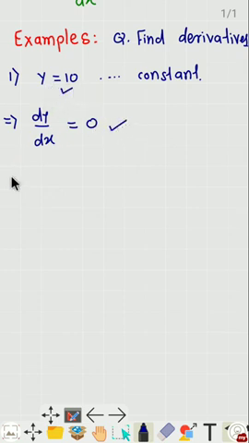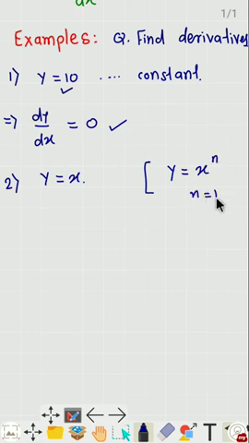Now let us go to the second example, example number 2. The function is y equal to x. So this function is of the type y is equal to x raised to the power n. What is n here? n is equal to 1.